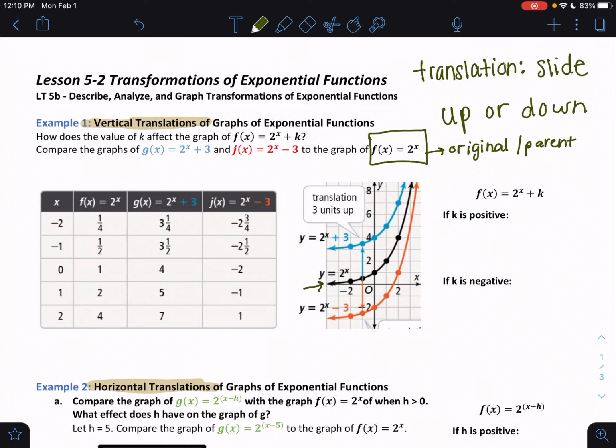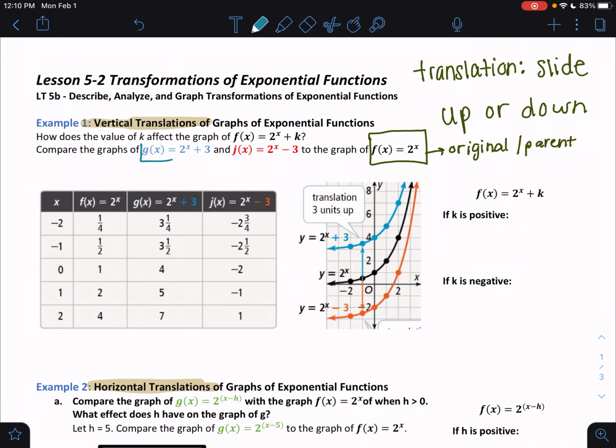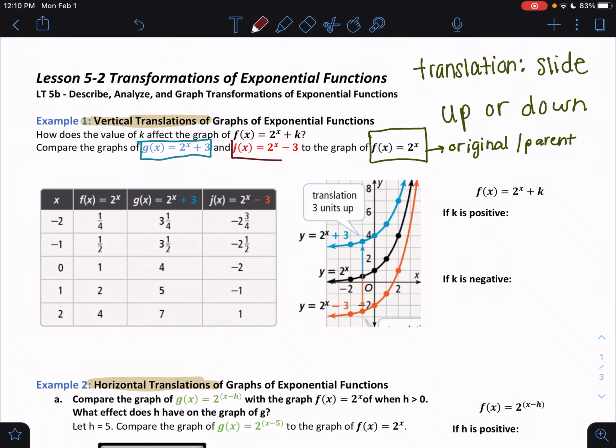So that's what the regular one looks like, and we're going to slide it up and down. And we are going to look at g of x equals 2 to the x plus 3. And we're also going to look at j of x equals 2 to the x minus 3.